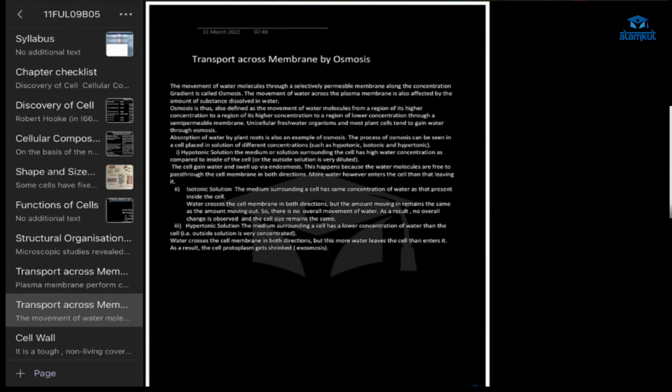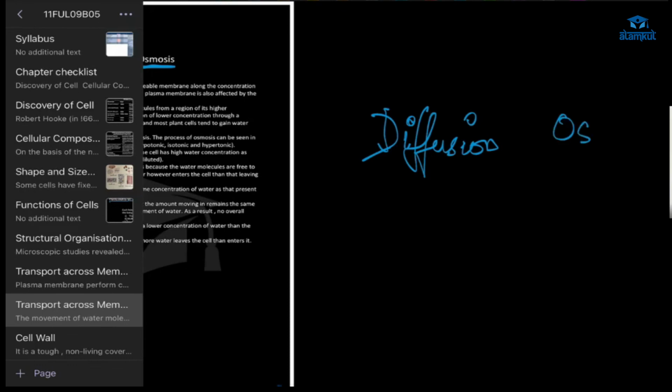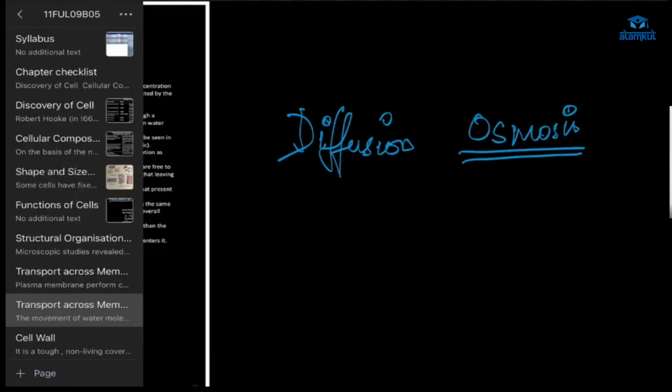What is osmosis? The same thing. What happens in osmosis is movement of water molecules through a selectively permeable membrane from high concentration to low concentration. Osmosis is a type of diffusion. In diffusion, simply oxygen moves in or carbon dioxide moves out.